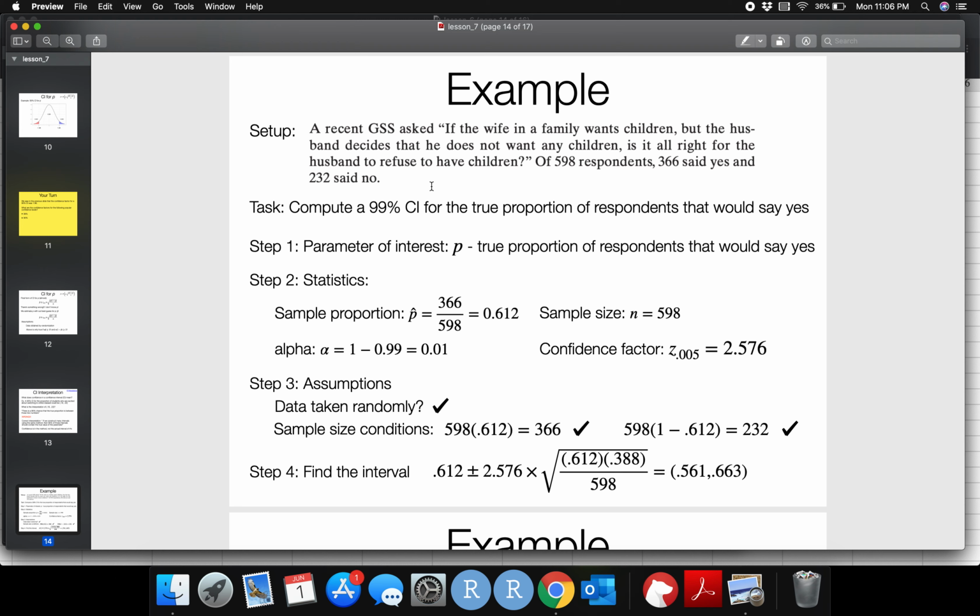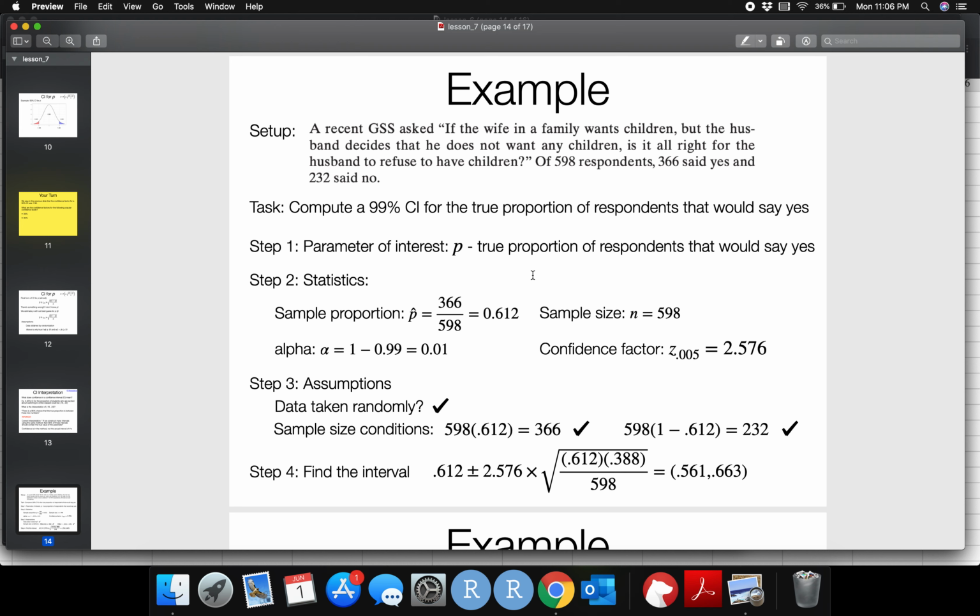Each of these steps can be done with a simple calculator, but oftentimes you will make a mistake, so you have to choose the confidence factor, which we talked a lot about before, and you can use the normal distribution to find those confidence factors. So before we go to confidence intervals, we'll talk about confidence factors.